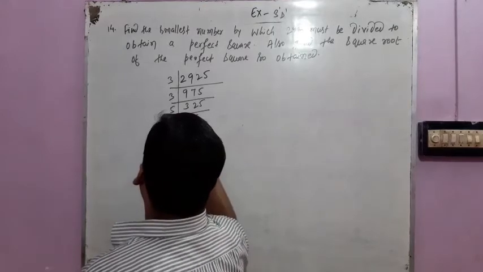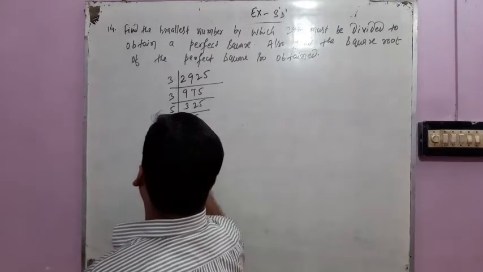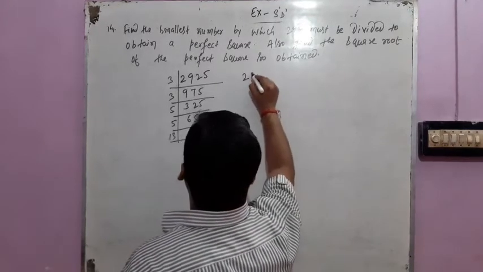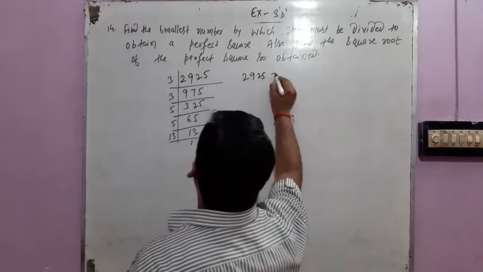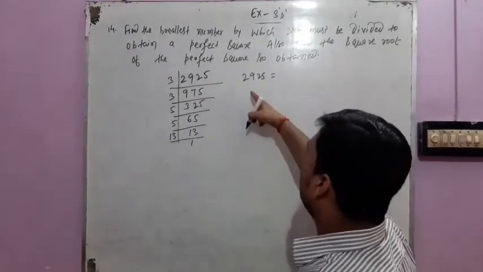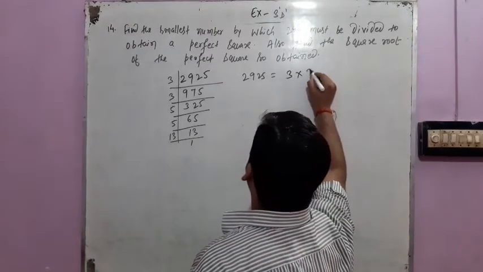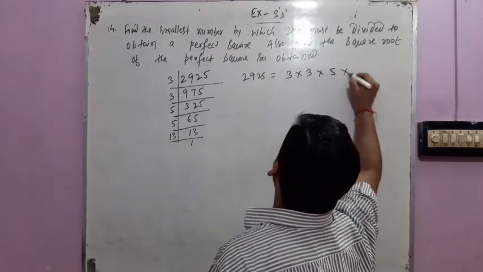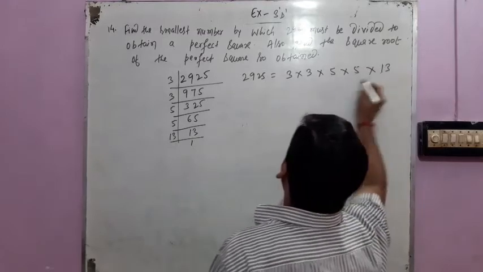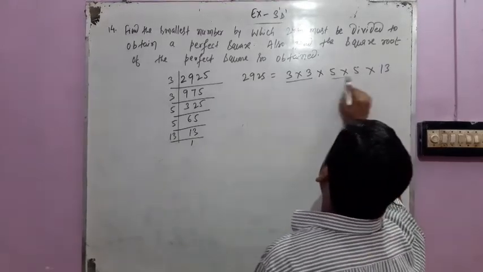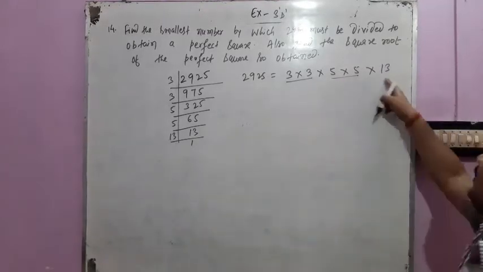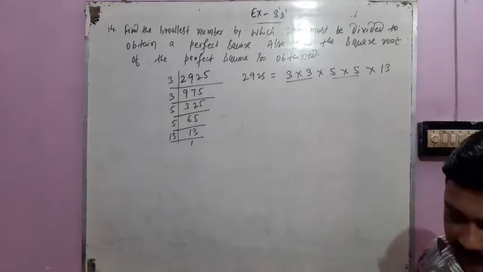Again with 5, 13 times, 13 1s are 13. So in the terms of prime product we can write 2925 as 3 into 3 into 5 into 5 into 13. Now here the pair of 3 is already completed, the pair of 5 is already completed. The pair of which number is not completed? 13.